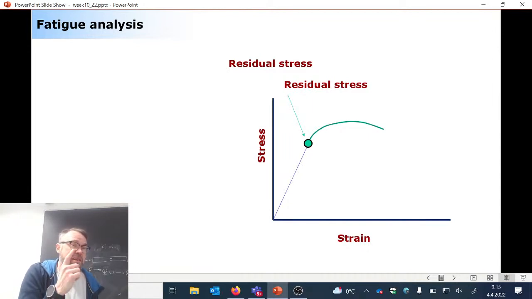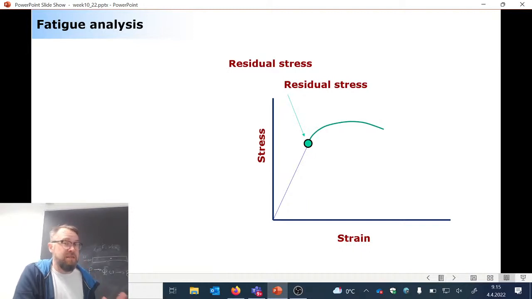So you have this initial crack there, and then you have very high residual stresses. High residual stresses mean that locally, when you introduce just a little bit of loading to your structure, you immediately step from the linear range to the nonlinear range.